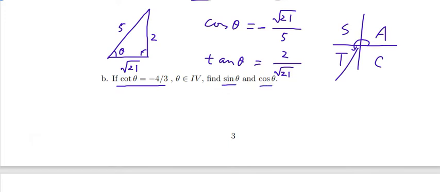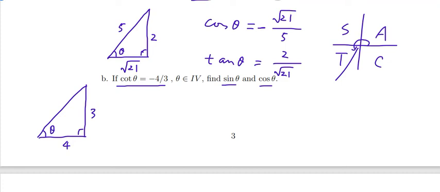So for cotangent, this angle theta, cotangent equals negative, so forget the negative. Cotangent is 4/3. So this means tangent equals 3/4. Tangent is the opposite side over adjacent, so I put 3 here, 4 here. Tangent is 3/4.